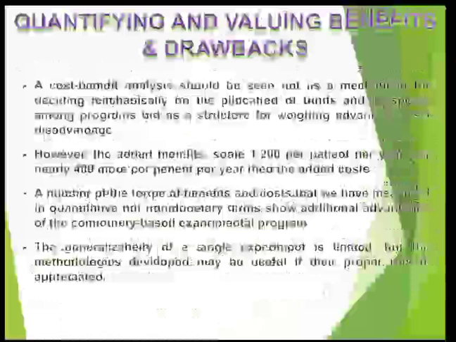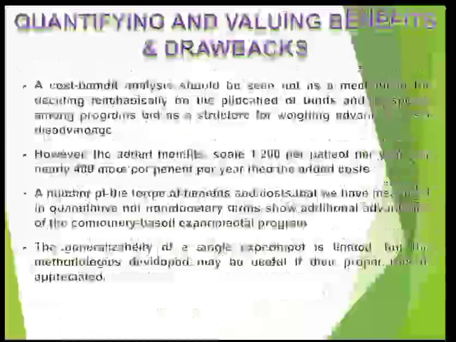The experimental program provided both additional benefits and additional costs compared with the conventional treatment. However, the added benefits, some 1200 per patient per year, are nearly 400 more per patient per year than the added costs. A number of the forms of benefits and costs that we have measured in quantitative but non-monetary terms are additional advantages of the community-based experimental program.